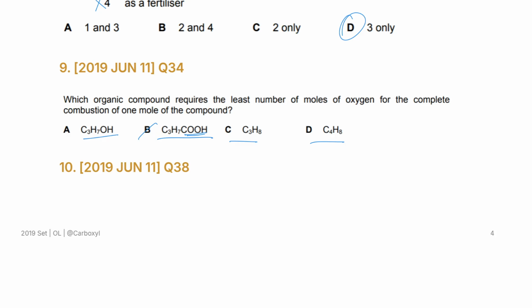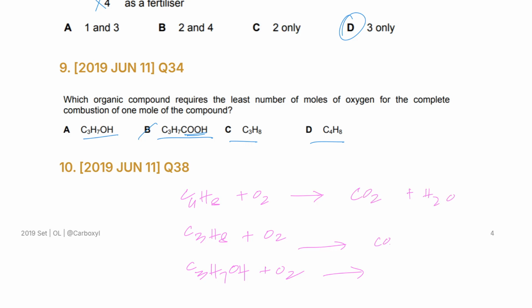Let's say C4H8 plus O2, C3H8 plus O2, and then C3H7OH plus O2. You just need to balance out the oxygens. CO2 plus H2O, CO2 plus H2O, CO2 plus H2O.